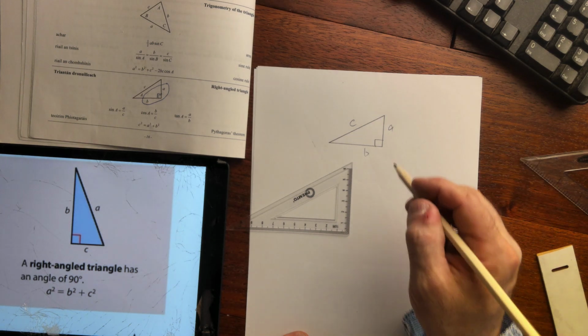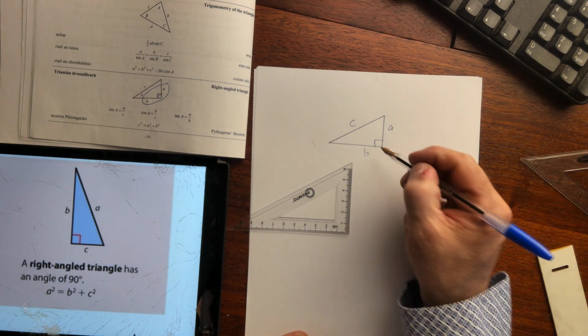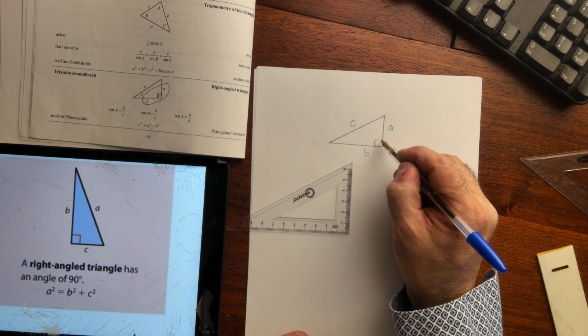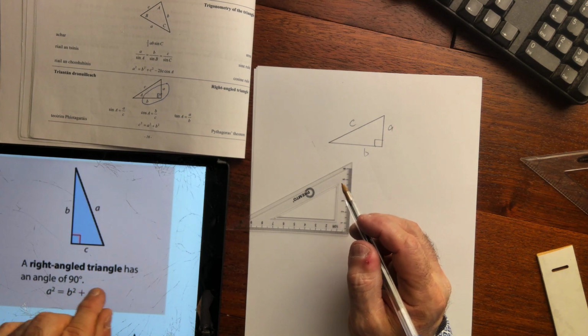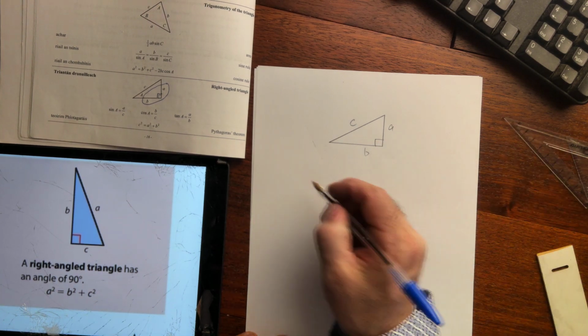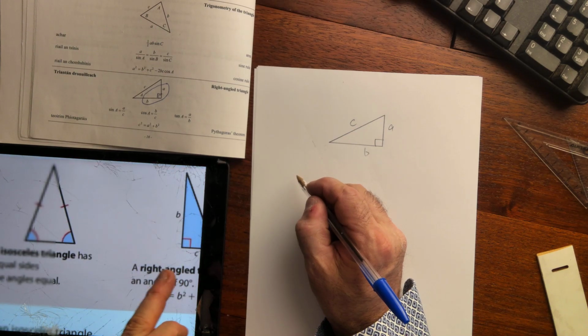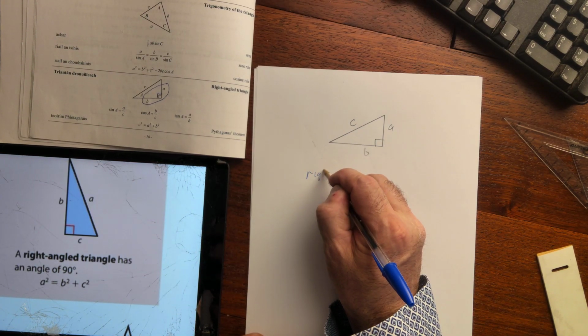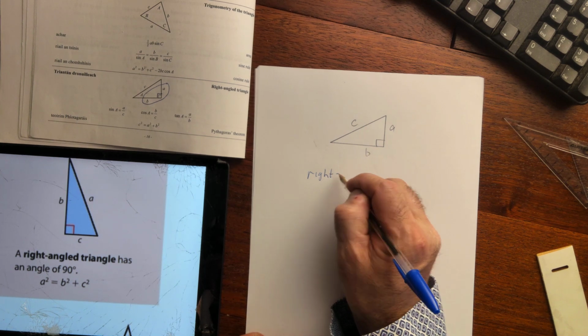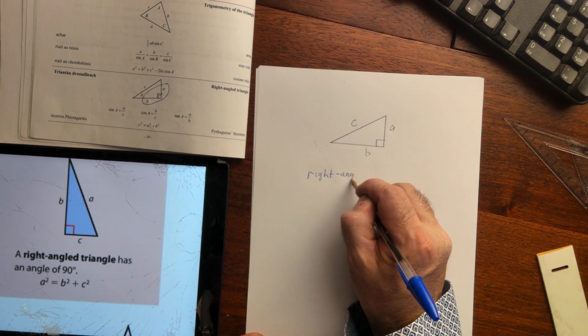Okay, we know what a right angle is. It's an angle of measure 90 degrees, and it's marked like this. So here we have a right angled triangle. The thing to note about this spelling is that the word right and the word angled are hyphenated.